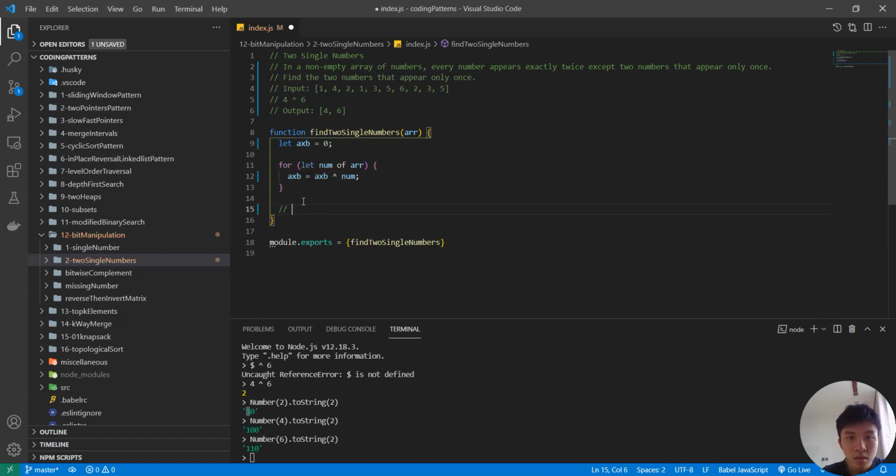After here we've got a XOR b, right? We need to find the first set bit, which means the bit that is equal to 1 from the right. How can we find this?